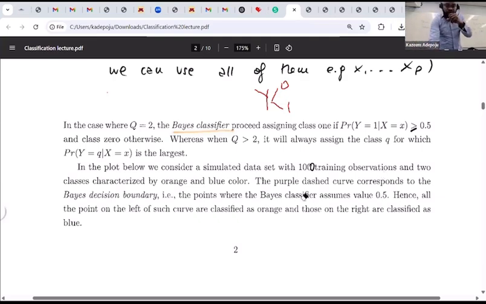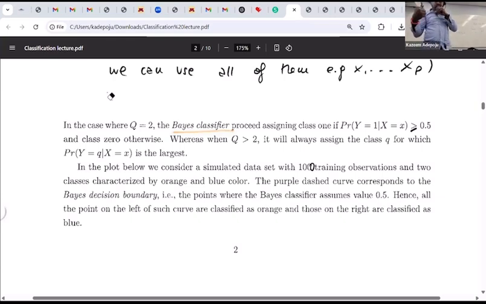Now, I need you to pay attention right now. If we have 1,000 observations and two classes characterized by orange and blue color, they are distinguished by two different colors. I'm using color as a class.